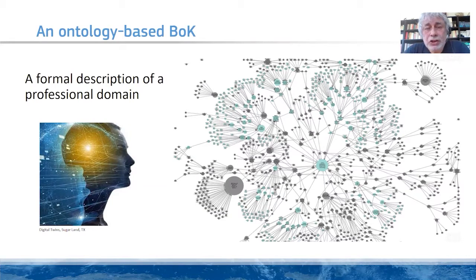A body of knowledge is in fact a formal description of a professional domain. I will explain later on what the ontology means, but you can see an ontology-based body of knowledge as a kind of mind map illustrating all the concepts that you can imagine describing your field, your domain, your profession.